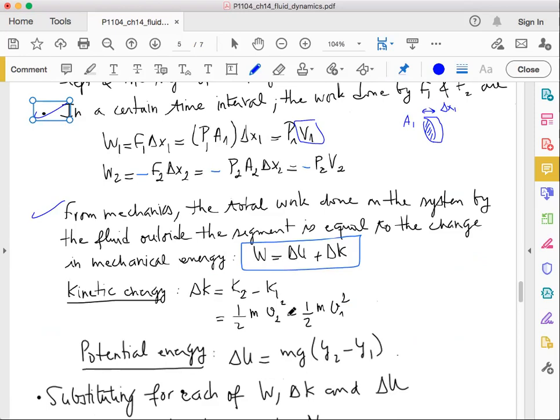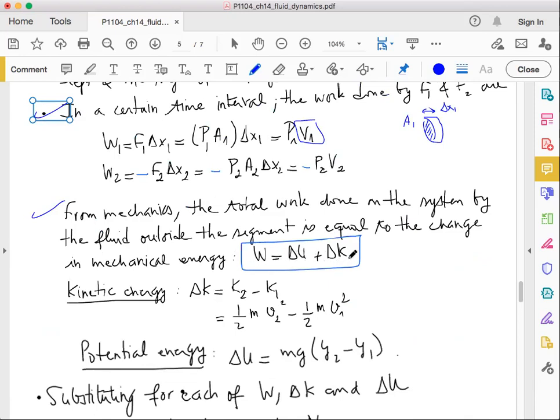In our case, this object is a segment of fluid. So we can deduce that the total work done on the segment of fluid by the fluid outside this segment is nothing else than the change in the mechanical energy of this fluid.